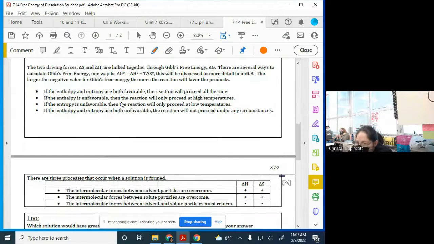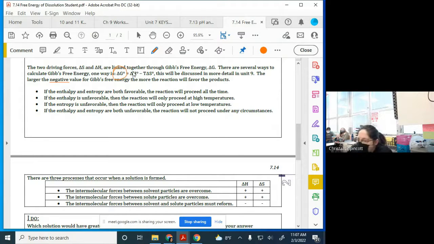So like I said, there are 2 other things that are linked together here. We have Gibbs free energy, which determines if a reaction is going to happen or not. If we end up with a negative value here, that means it's going to be thermodynamically favorable for the reaction to happen.